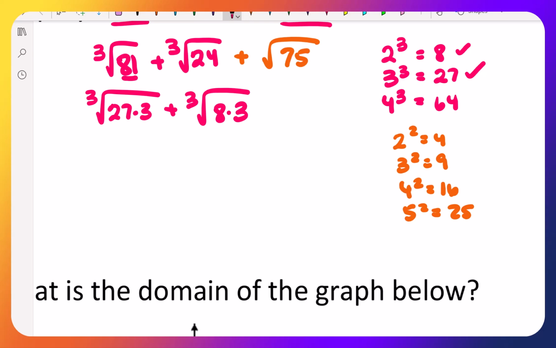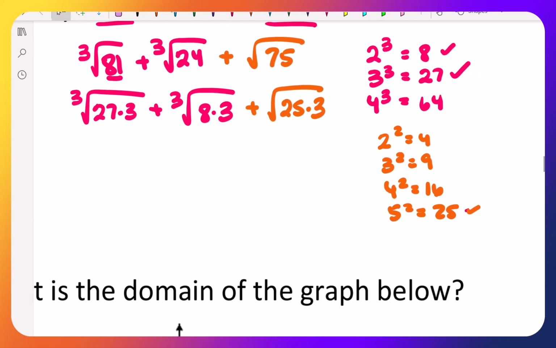These are the perfect squares. 25 will go into that, so I know that 75 is 25 times 3. Now your calculators will simplify the square root of 75 for you, but it will not simplify the cube roots. So you're on your own with the cube roots.